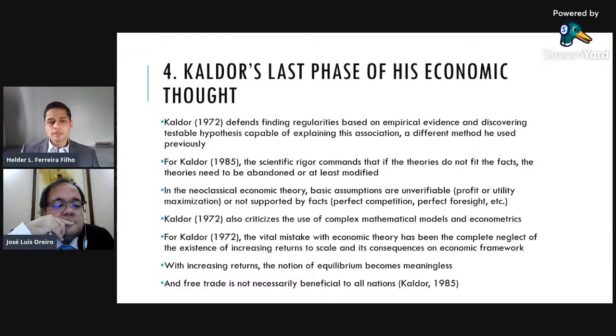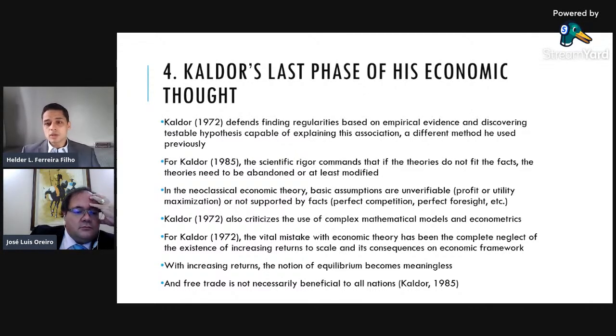In 72, he defends finding regularities based on empirical evidence and discovering testable hypotheses capable of explaining this association, a different method from the one he used before, the as-if method. For Calder, scientific rigor commands that if the theories do not fit the facts, the theories need to be abandoned or at least modified.